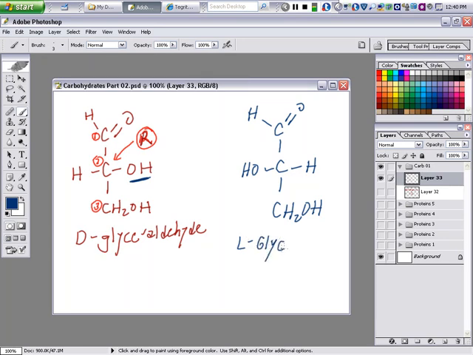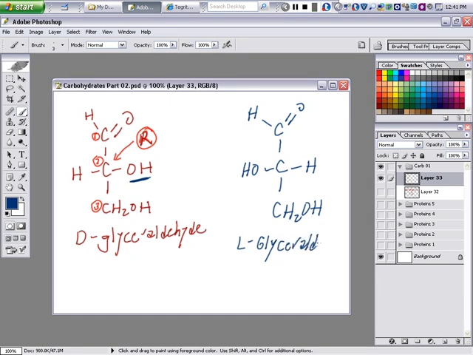So D and L refer to the whole molecule. R and S refer to the specific carbons. But since glyceraldehyde only has one chiral center, if you identify if it's R or S, you know what the entire molecule is.